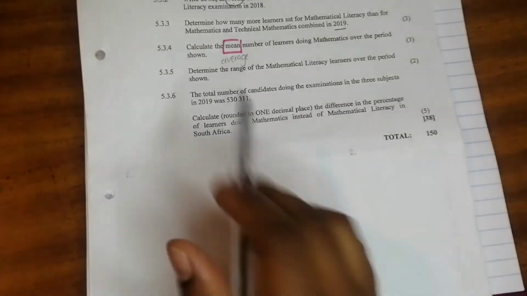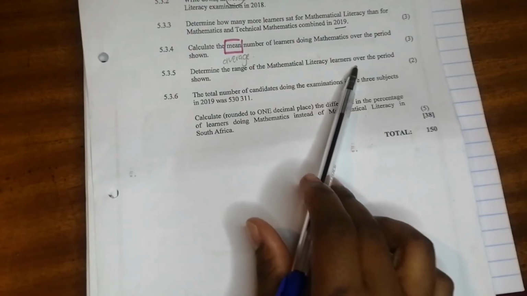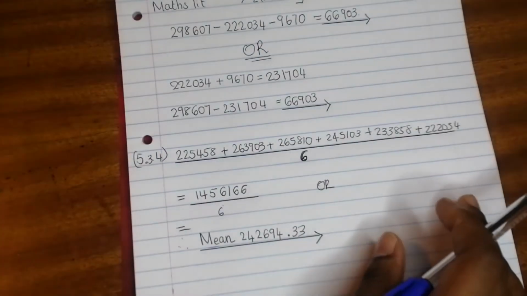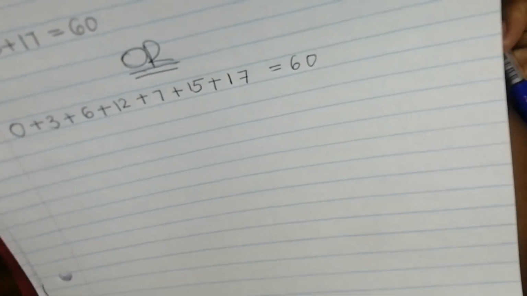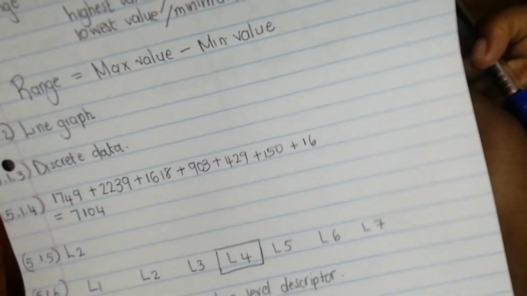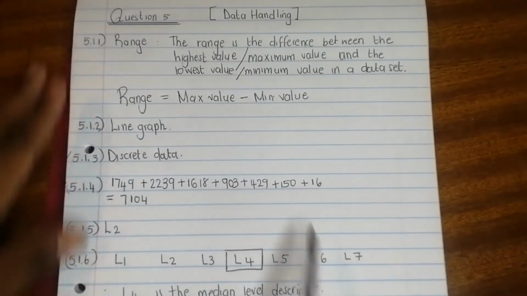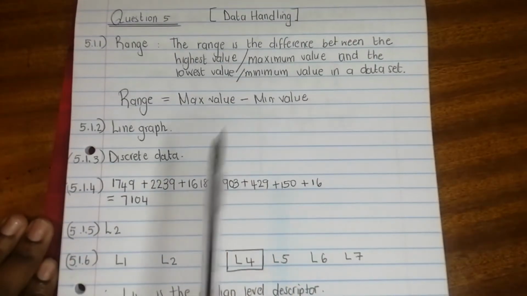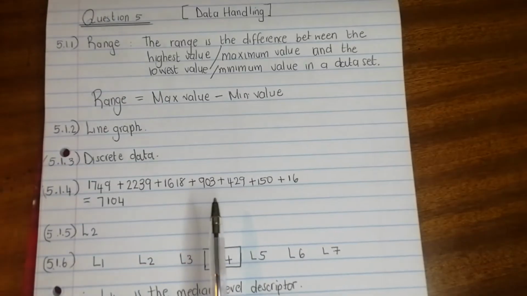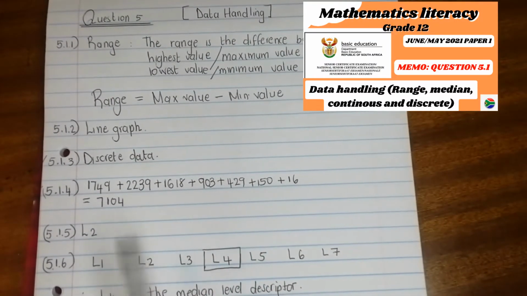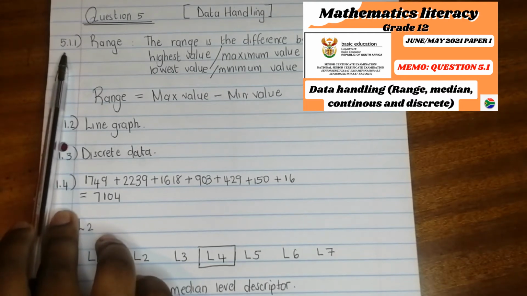Okay, let us continue. Determine the range of the mathematics literacy learners over the period shown. Remember, in the previous questions that we did, in 5.1, we had spoken about range being the maximum value minus the minimum value. If you haven't watched that video, guys, please go check it out, where I explained what the range is and gave the full definition of the range, and that was for question 5.1.1.